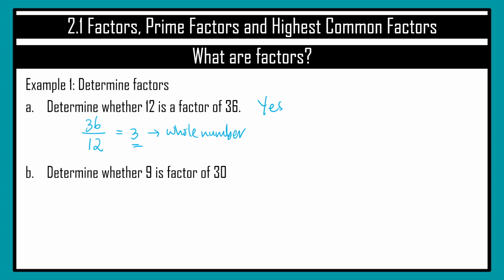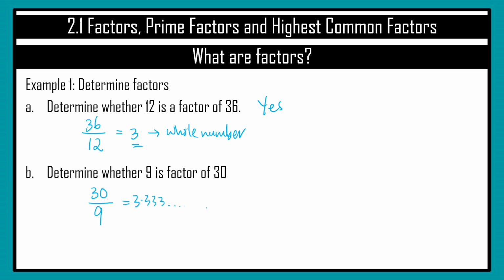Let's look at question B. We're going to use the same method, which is by dividing. I take the number 30 and the factor that we want to determine, which is 9, and divide. If you divide 30 by 9, you get a very long number, 3.333 with the endless 3.